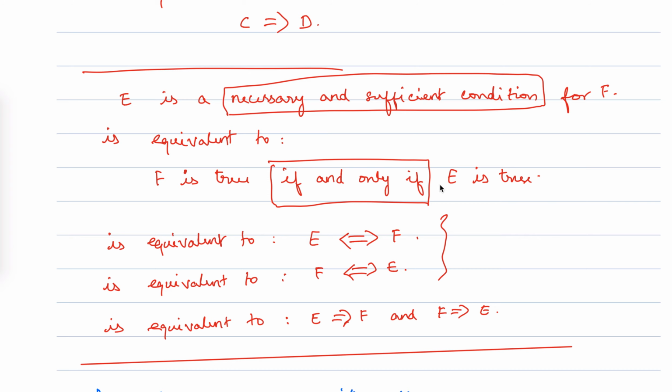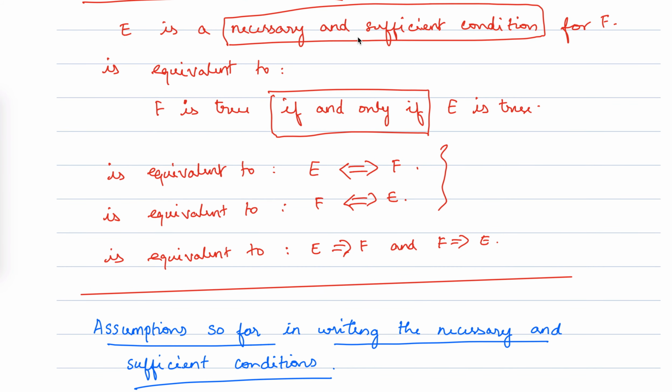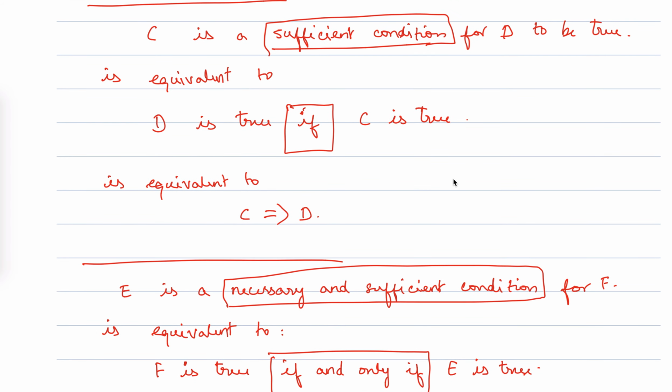Completely the same as E is true if and only if F is true, which is equivalent to saying E implies in both directions F. So F implies E, E implies F. So you can write that like this, or write it in two different pieces. These are all equivalent statements. This statement, this statement, this statement, this statement, and these two statements are all equivalent. Okay, this is just a math aside.